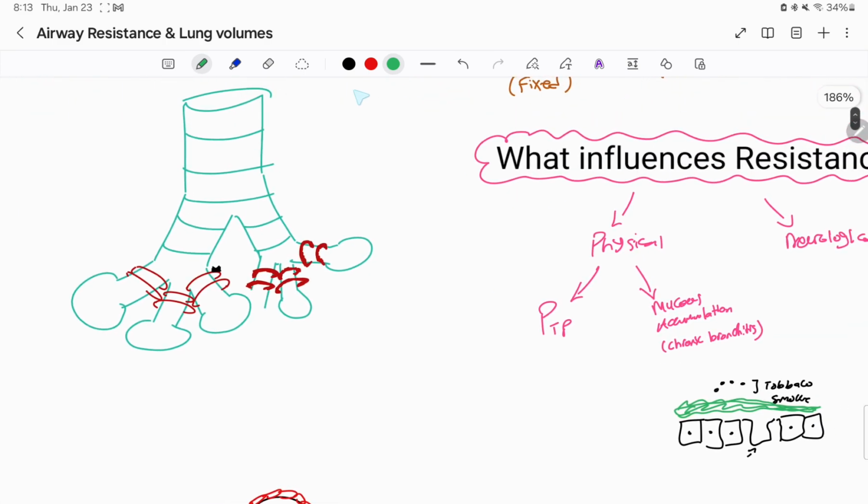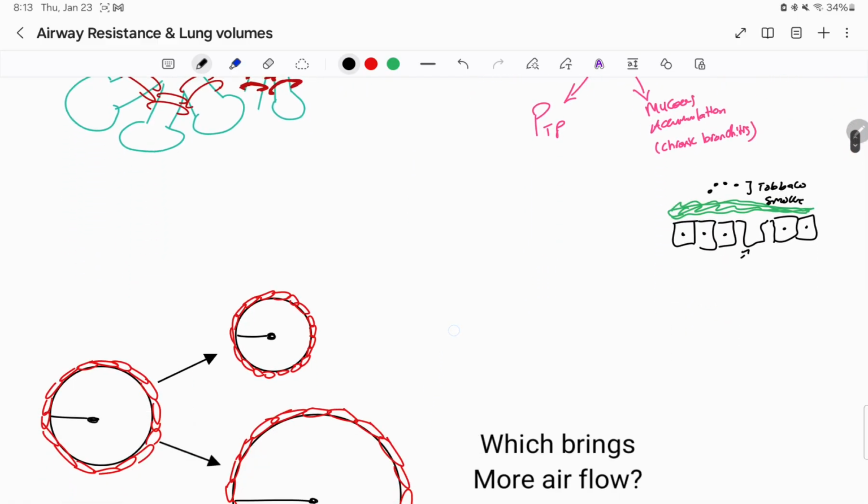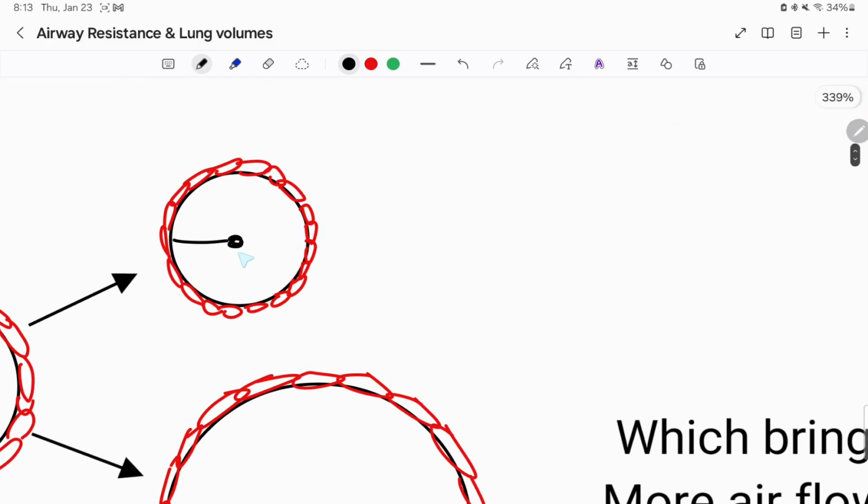What do I mean by that? Let's take a bronchus and slice it here, and then look at it from a top-down view. Imagine I have a layer of mucus all around this guy.